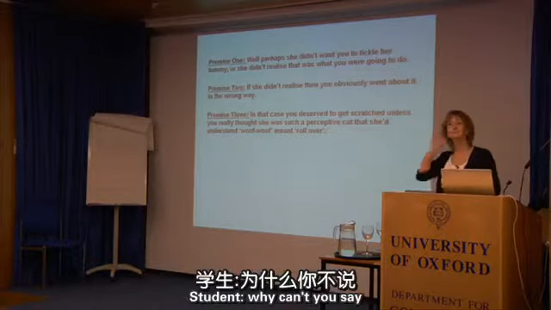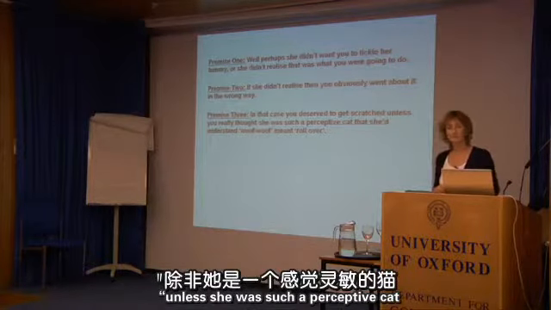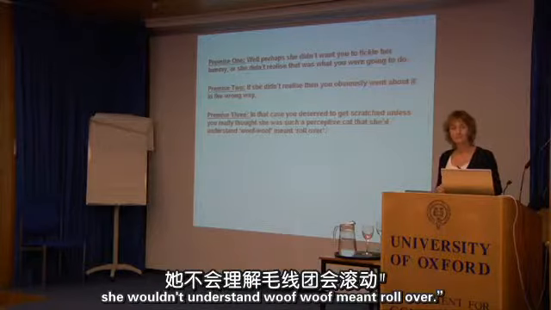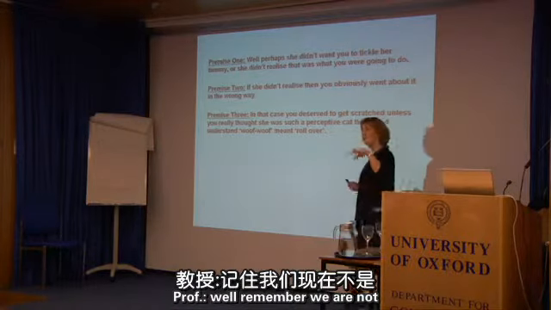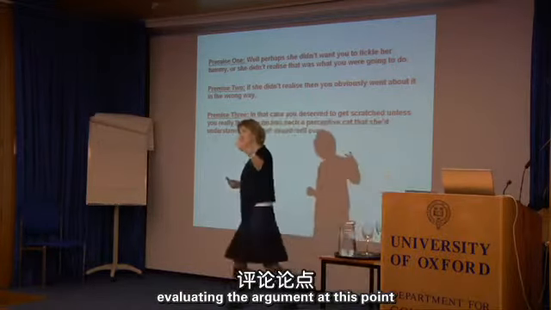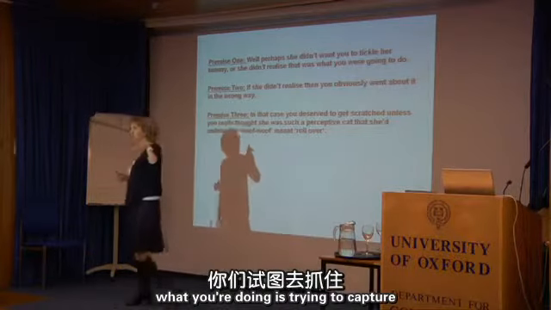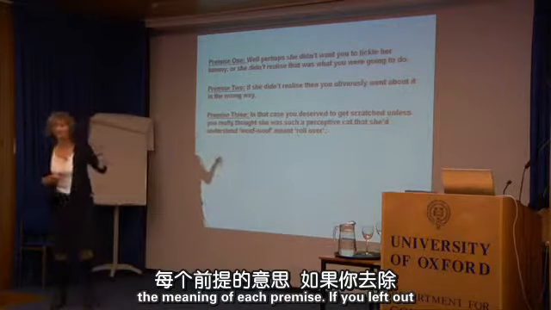Why do you need "in that case you deserve to get scratched"? Why can't you go to "unless you really thought she was such a perceptive cat that she'd understand woof woof meant roll over"? Because remember that you're not evaluating the argument at this point. You're trying to capture the meaning of each premise.